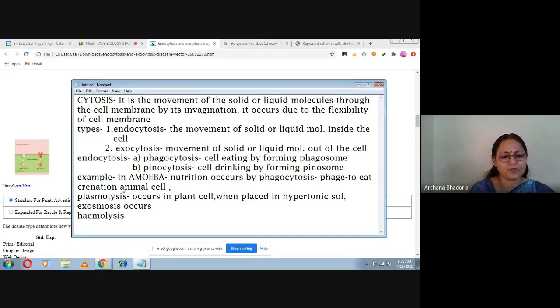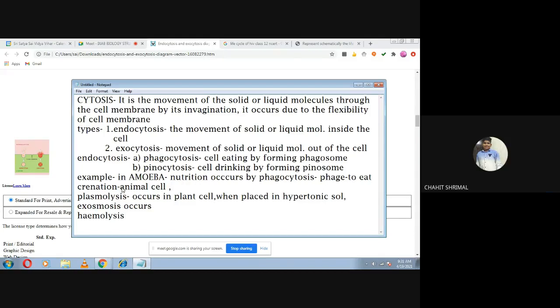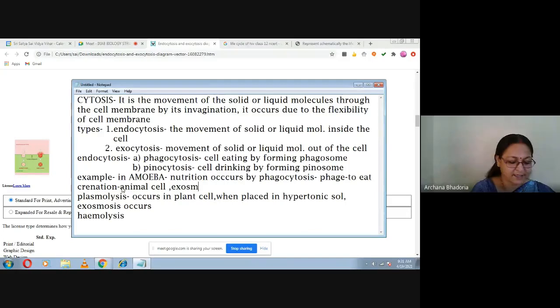Which osmosis? Exosmosis. In animal cell, exosmosis occurs. So when exosmosis occurs, children, the whole cell membrane will shrink.